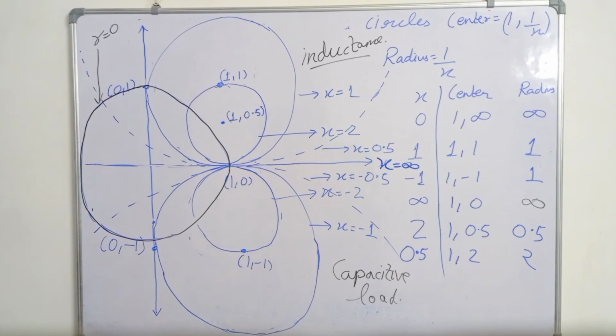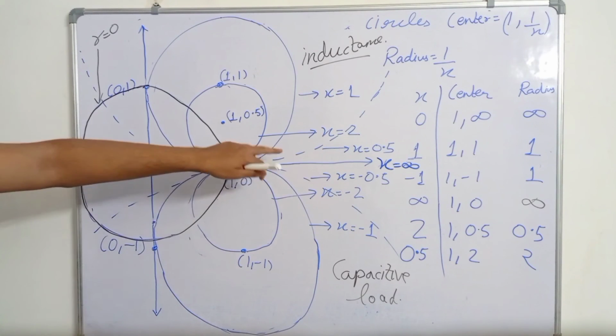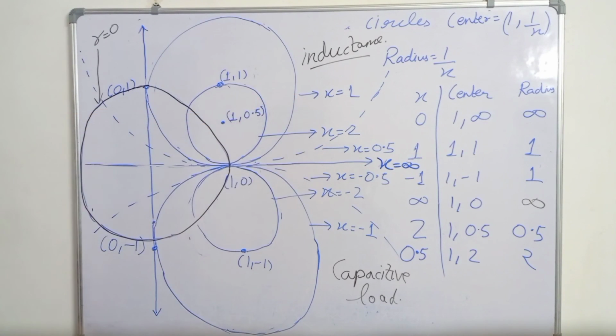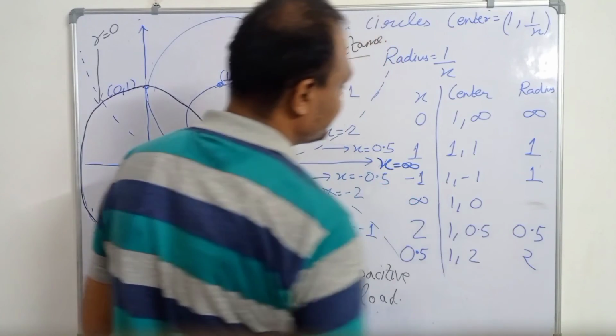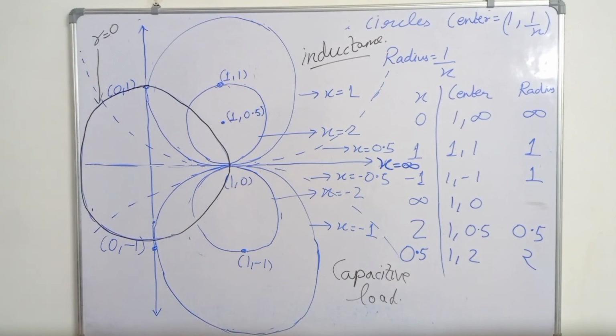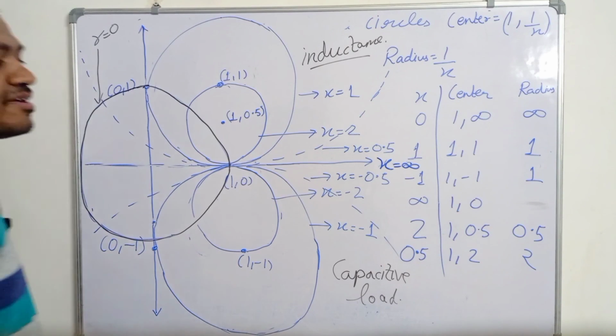Okay, so as the value of x is increasing, you can see the radius is getting smaller.